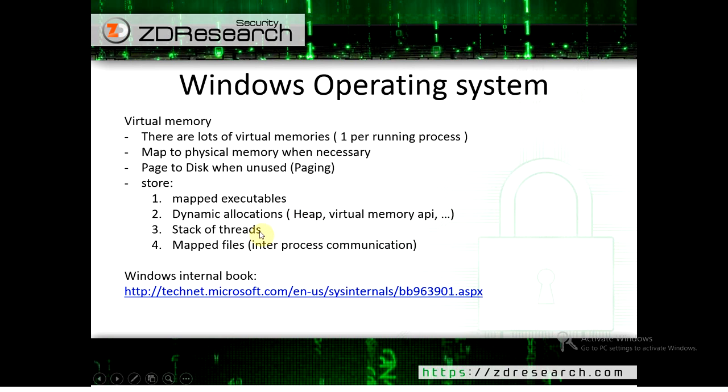And every virtual memory has some memory for stacks. Each thread has a user mode stack, so when you look at the memory of a process, you see various stacks for various threads. And mapped files can be used, for example, in inter-process communications.